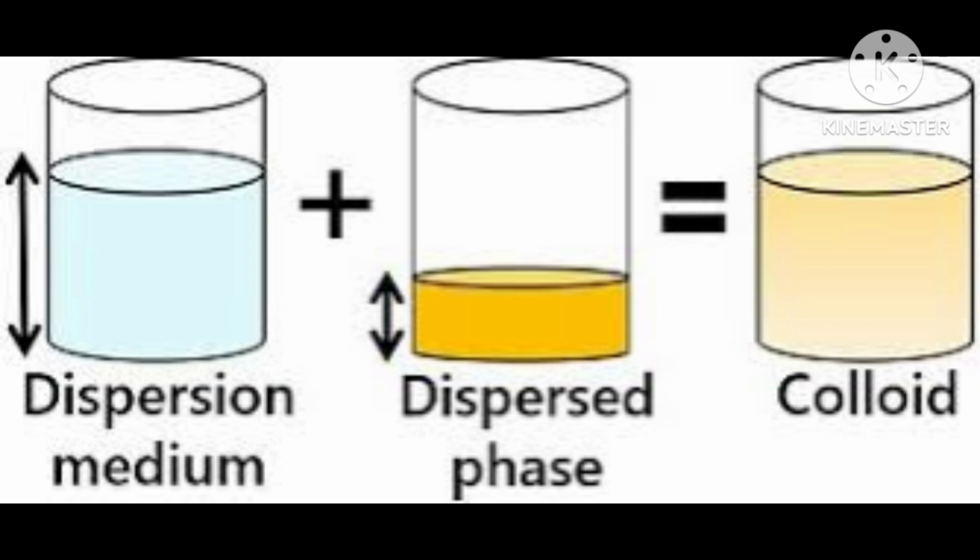Then another 3 types, where liquid will be common, and again solid, liquid and gas will be mixed one by one: liquid plus solid, liquid plus liquid, liquid plus gas.